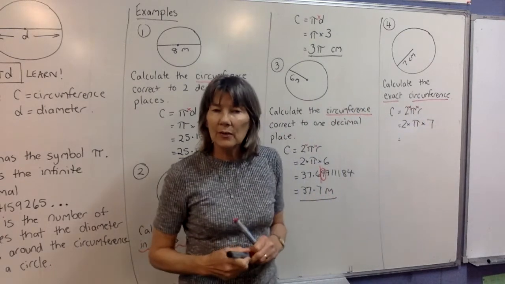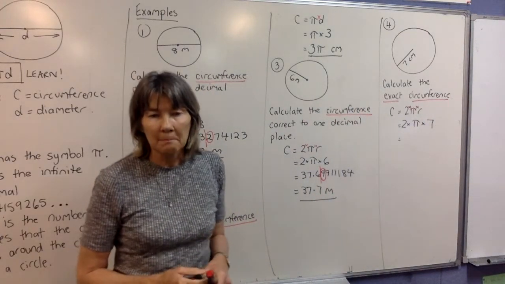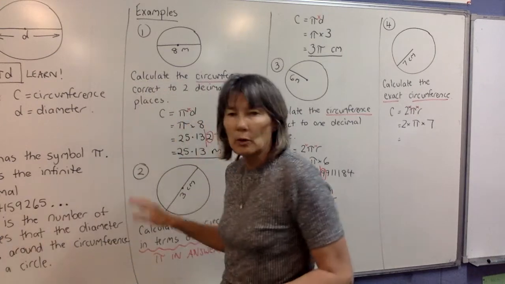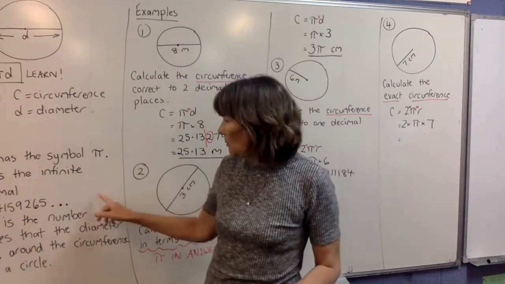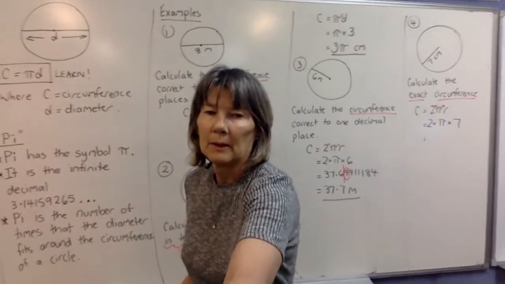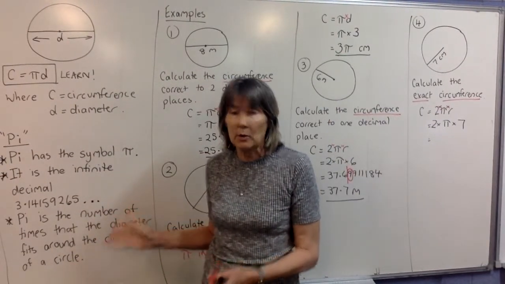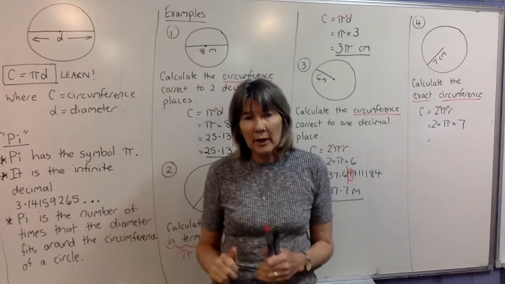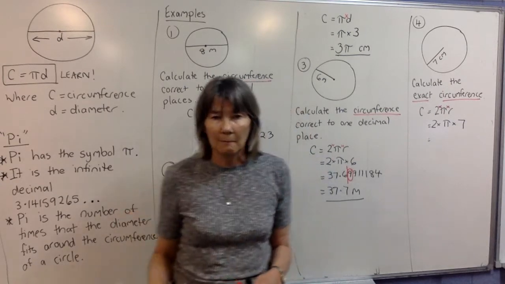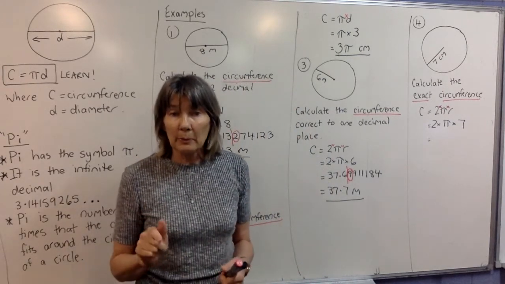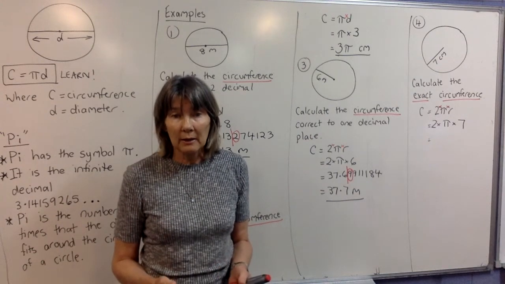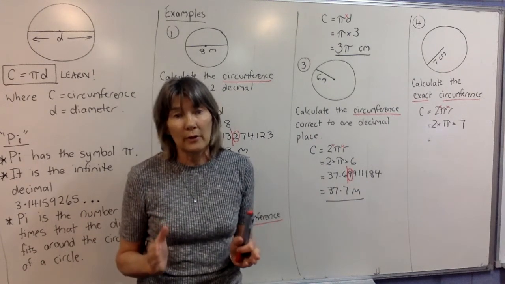Now, when they ask for the exact circumference, remember that I said to you that when we do pi, it's a decimal that goes on forever. It's not exact, okay, because we can't ever end that decimal. It just keeps going. So it's never going to be exact if we use that decimal. It's never going to be exact if we press the pi key on the calculator, because it's even rounding it off even more.